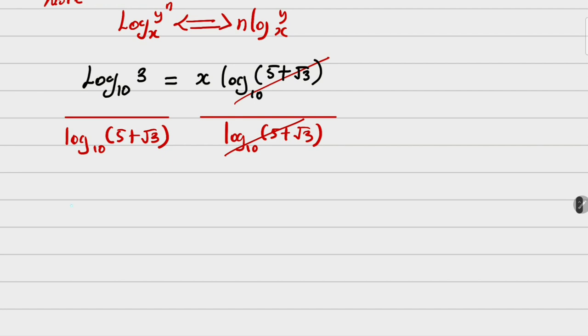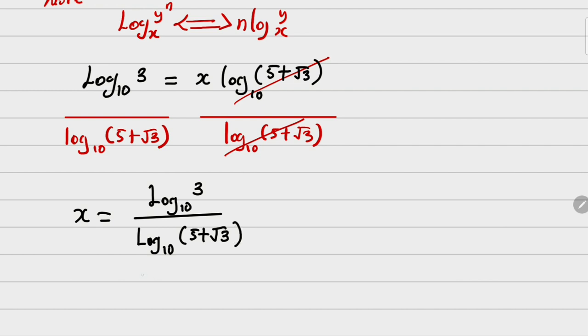So we have our x as equal to log 3 base 10 all over log base 10 of 5 plus root of 3. Now you can use your calculator to get an answer for this, but let me just stop here now.